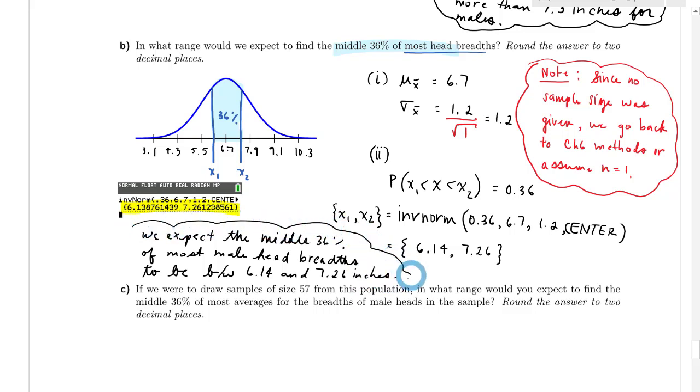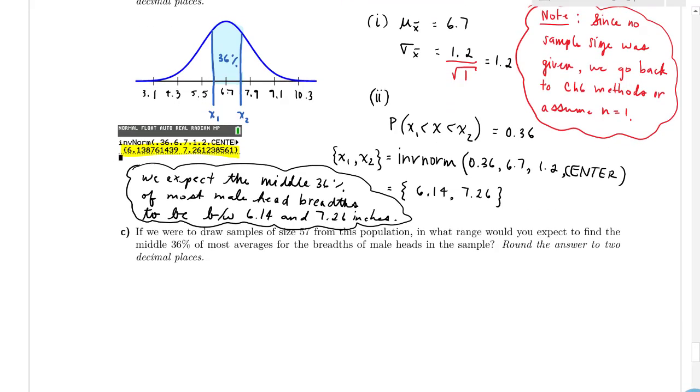So that's kind of like the interpretation. And again, here they don't mention the averages of samples, so we would assume that it is one sample we're looking at. Now, if I go to part C, where it says now we're drawing samples of size 57.